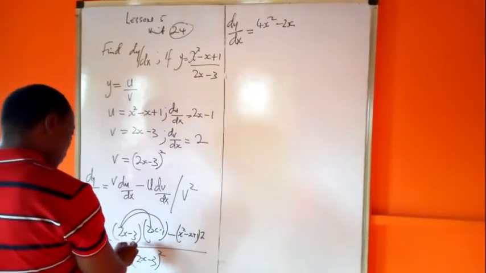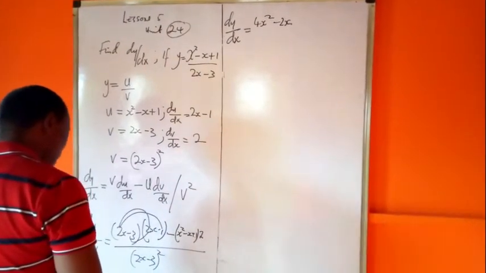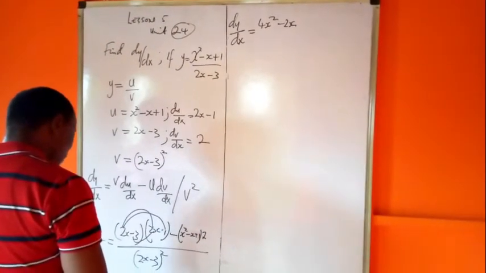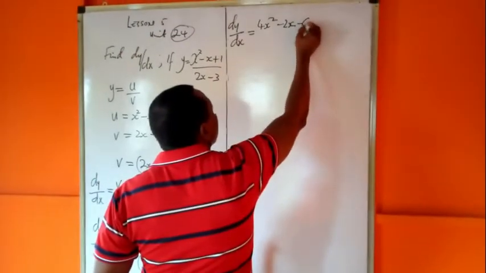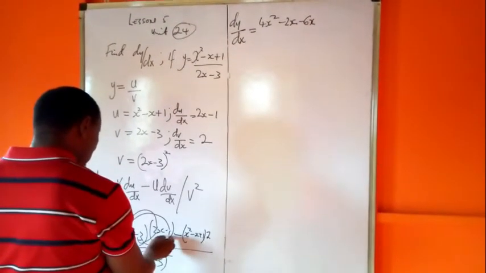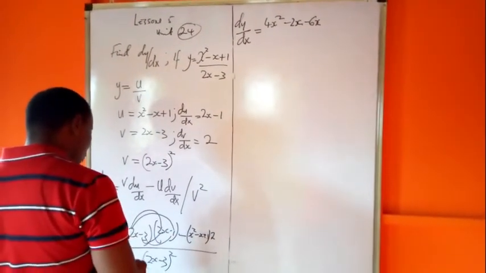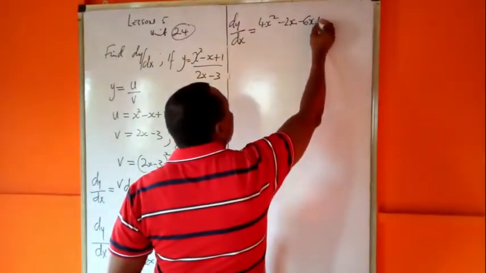Now, minus 3 multiplying 2x will give you minus 6x. Minus 3 multiplying minus 1 will give us plus 3. So we have plus 3.